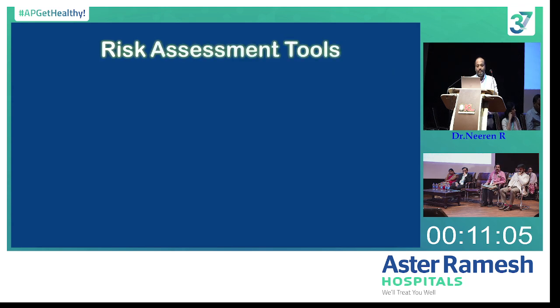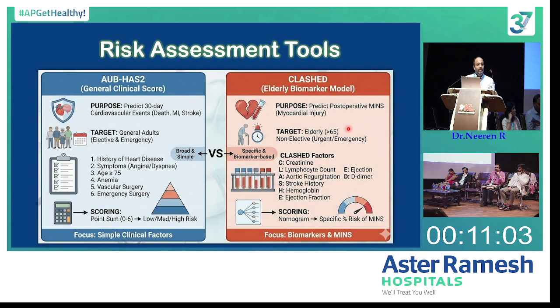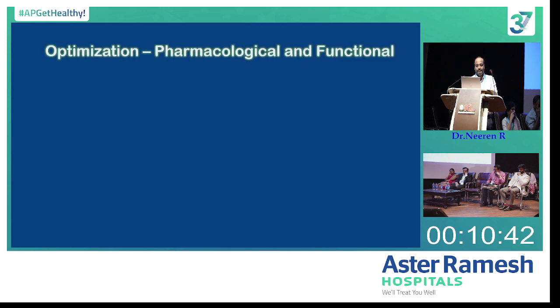So these two new models are now the most appropriate, I would say, to assess perioperative sepsis risk, especially when it comes to emergency surgeries. For elective surgeries, AUB-HAS2 can also be used when assessing perioperative sepsis risk.